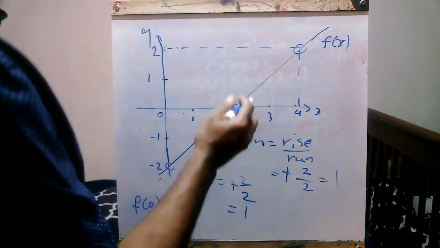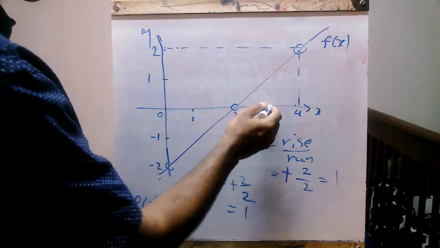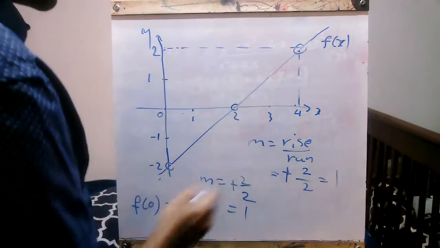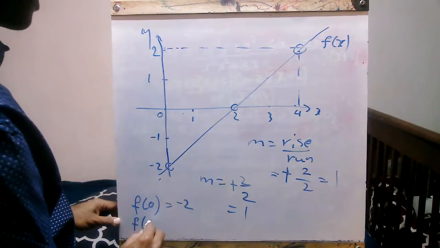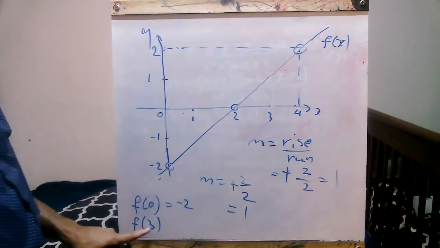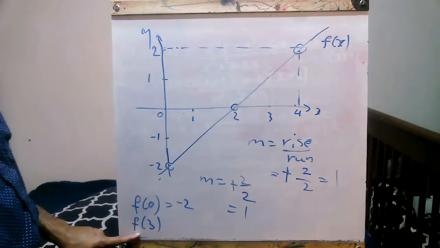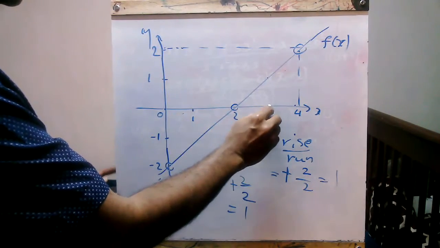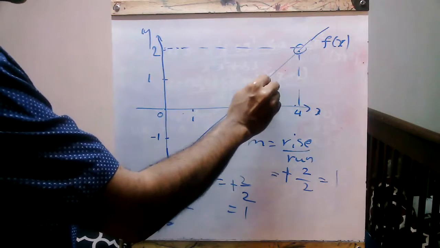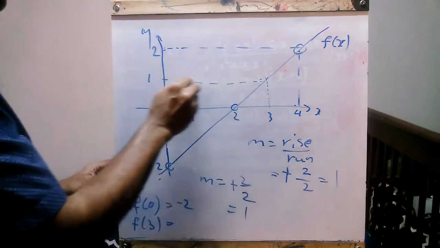So just one more. When x equals 3, the function value, how do we write that? F of 3 means when x equals 3, what is the function value? To find the function value, we go to the function, we go to the y-axis.